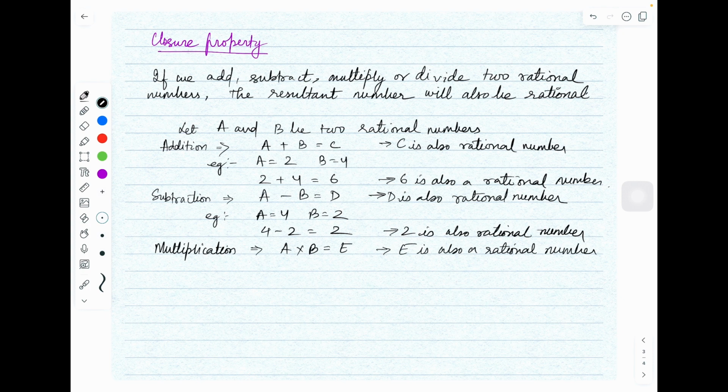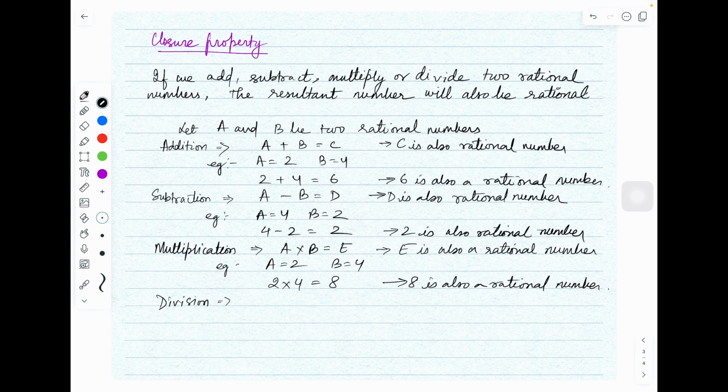The result of the product of two rational numbers is also a rational number. Example, a equals 2, b equals 4. So 2 into 4 equals 8. 8 is also a rational number. Understood? Then comes division.